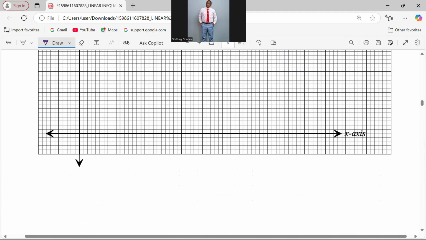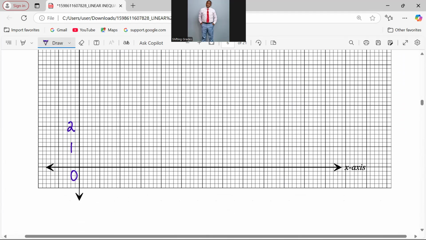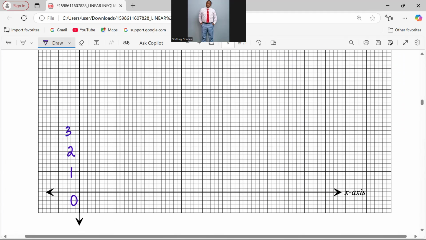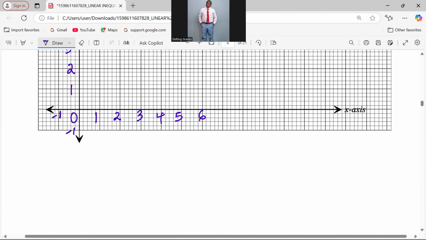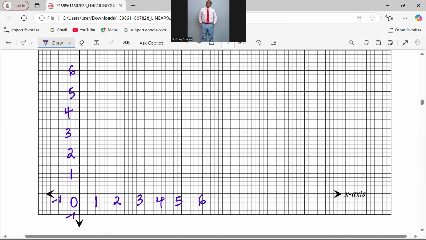So let me now draw 0, 1, 2, 3, 4, 5, 6. 1, 2, 3, 4, 5, 6. Can have -1 here and also -1 on the y-axis. Now with this, we have to connect coordinates 0, 5 and 5, 0 each way.